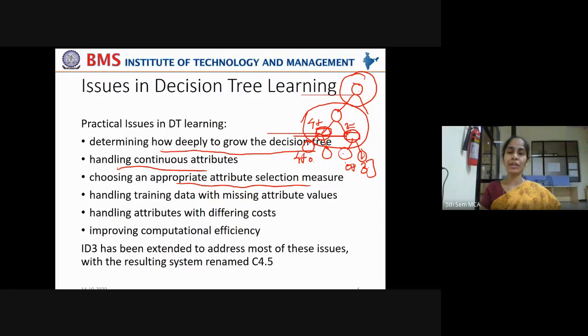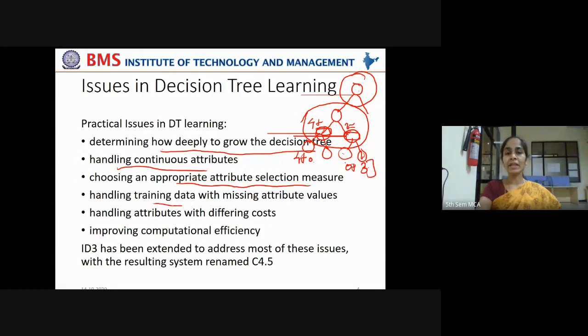Split point means, you know very well now, right? The root node of any tree or subtree is called the split point. Okay, now how to choose that measure? Like information gain, many other measures may be available. How to choose the appropriate measure? That is one more practical issue.